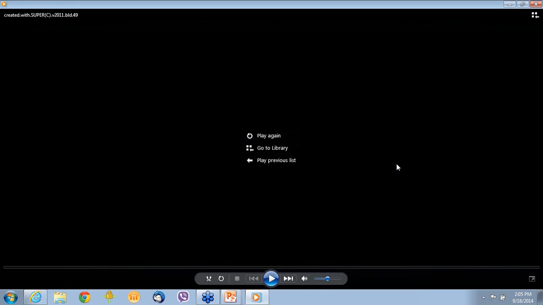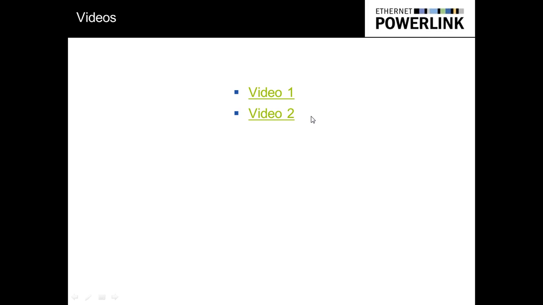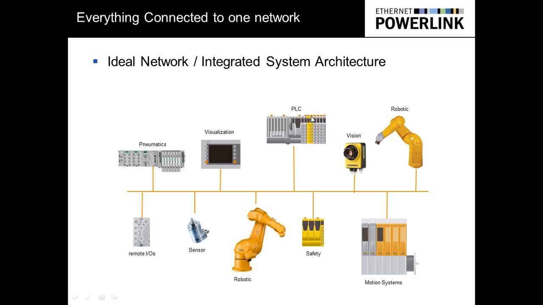So this is what we're looking at. In the first example and in the second example, you have a vision camera connected to a network. You have a central processing unit with some safety features.